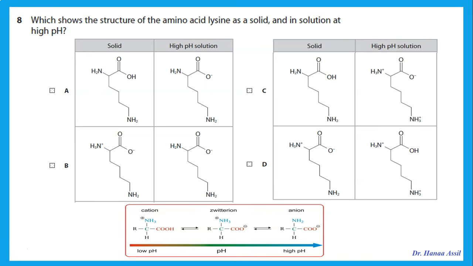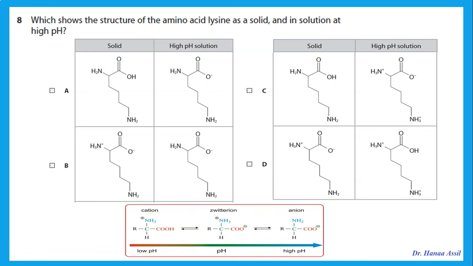Zwitter ion means the acid part is COO minus and the base part is NH3 plus. So that is as a solid, or at the beginning. So as a solid, which one do we choose? It's either B or D.